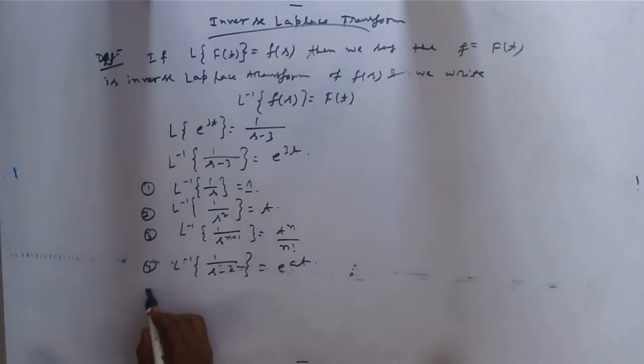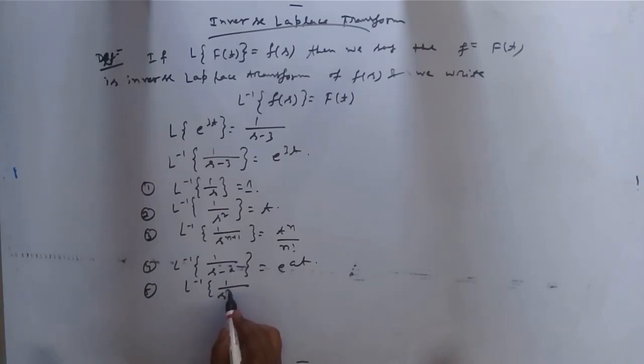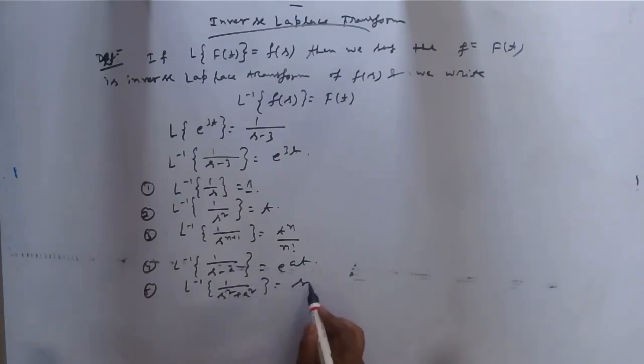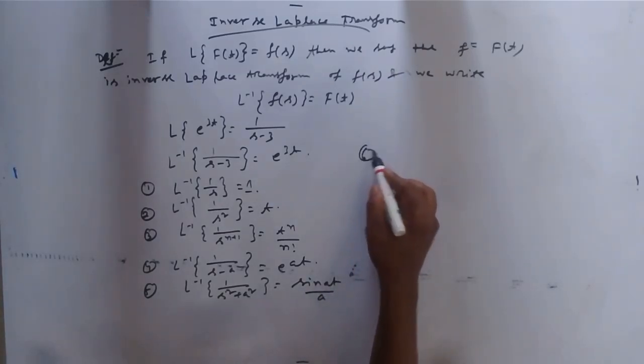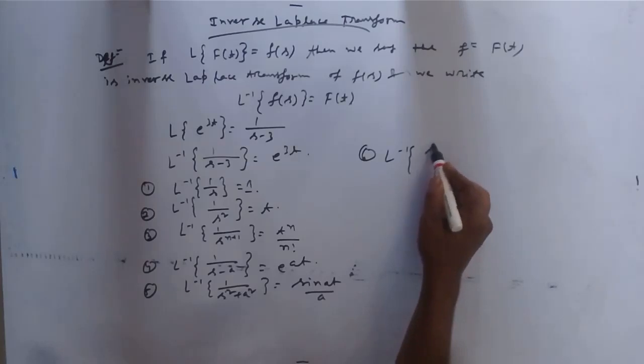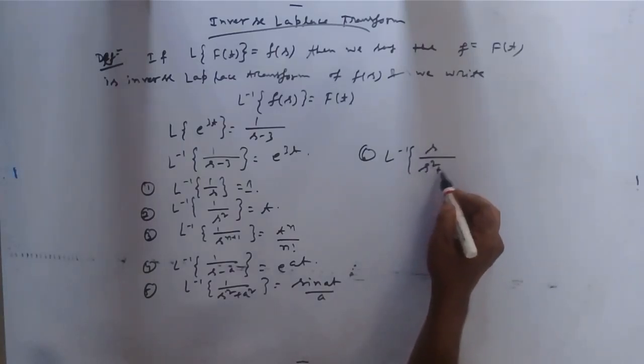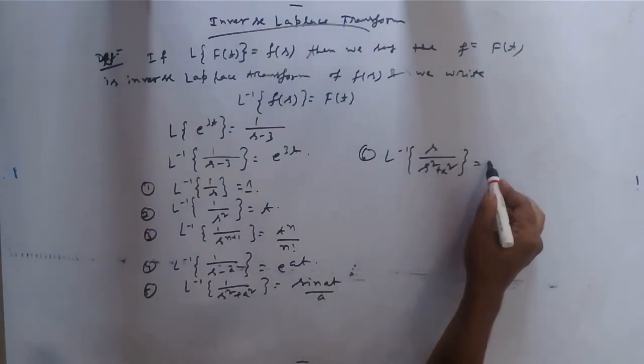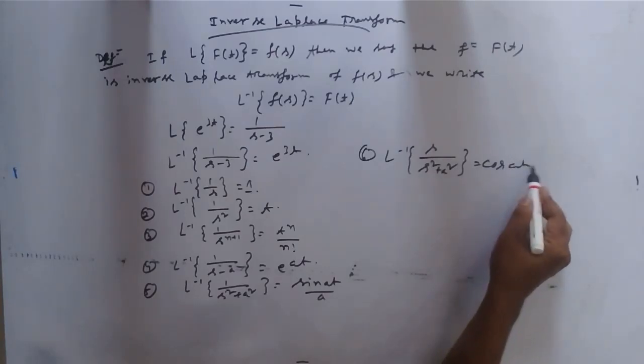Number 4, L inverse of 1 by s minus a equals e to the power at. Number 5, L inverse of 1 by s square plus a square equals sin at by a. Number 6, L inverse of s by s square plus a square equals cos at.